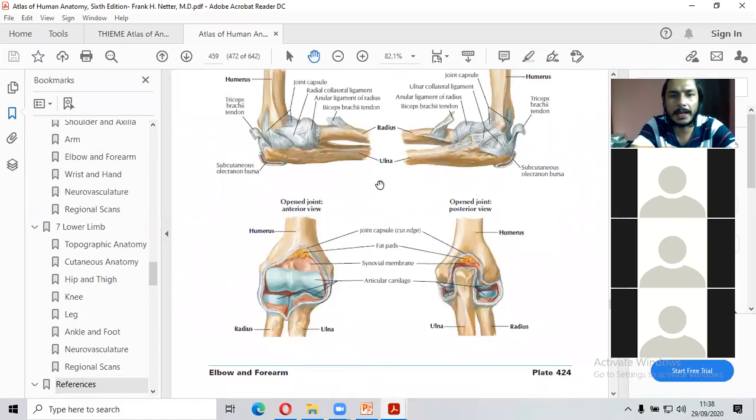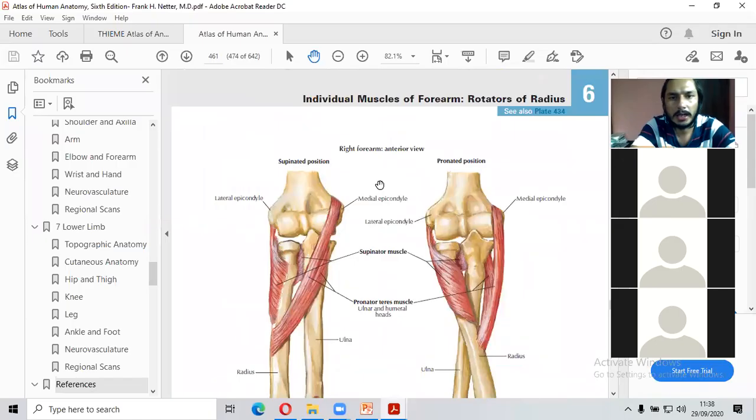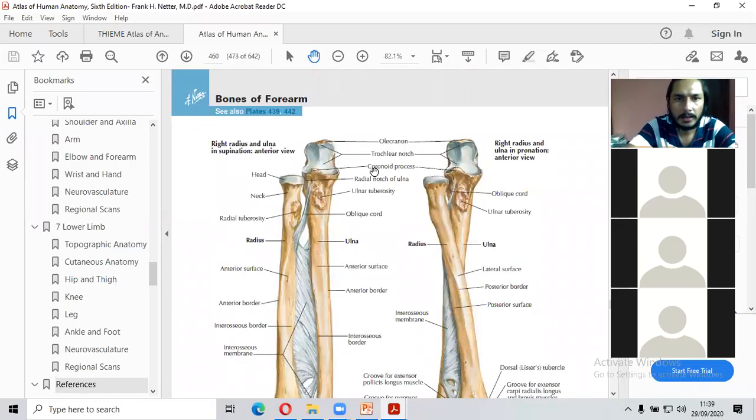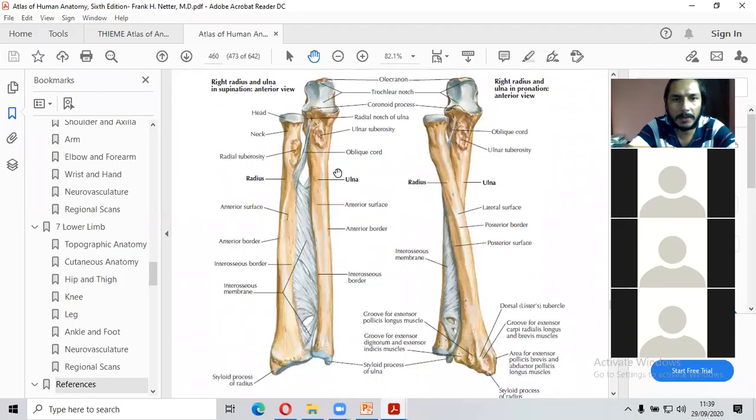Now we'll see the muscle attachment on the ulna. Okay, see here. Can you see this membrane? This is the interosseous membrane. The styloid process is here. This is the distal radioulnar joint and this is the proximal radioulnar joint.